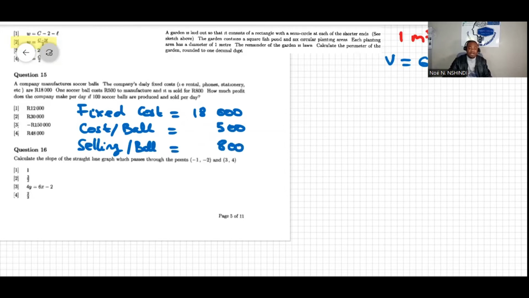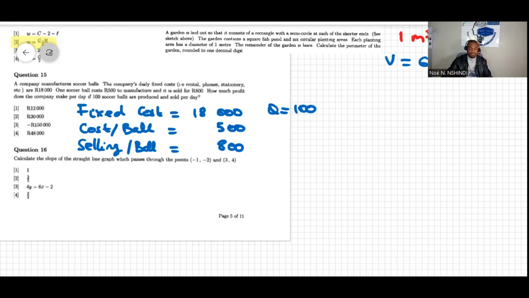Now the question is, how much profit does the company make per day if 100 soccer balls are produced? So the quantity is given to be 100 soccer balls. To calculate the profit, the profit will be the revenue minus the cost.